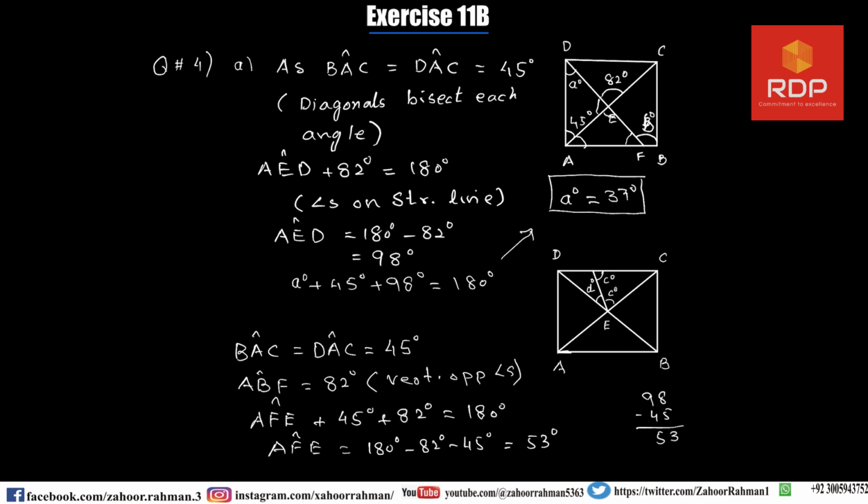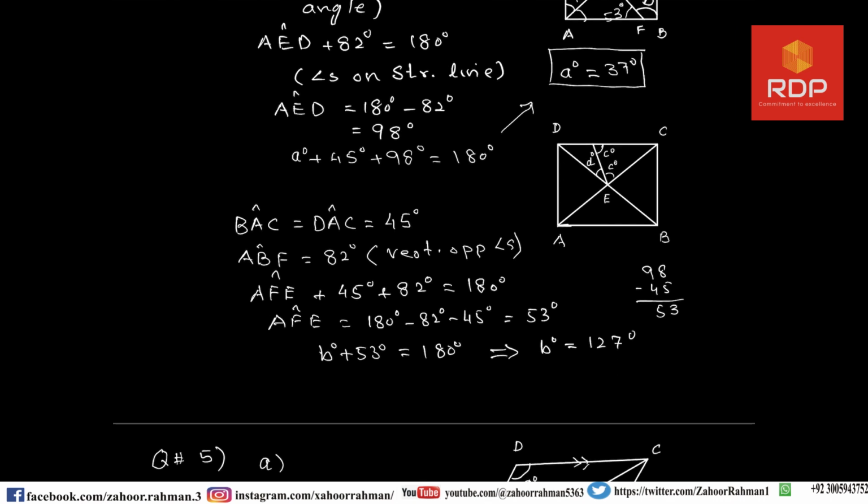So now we found this to be 53 degrees. So b degrees plus 53 degrees is equal to 180 degrees, and that will give us 127. So b degrees is equal to 127 degrees. We found it.